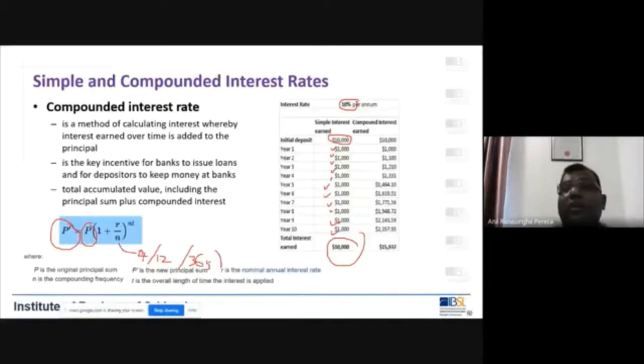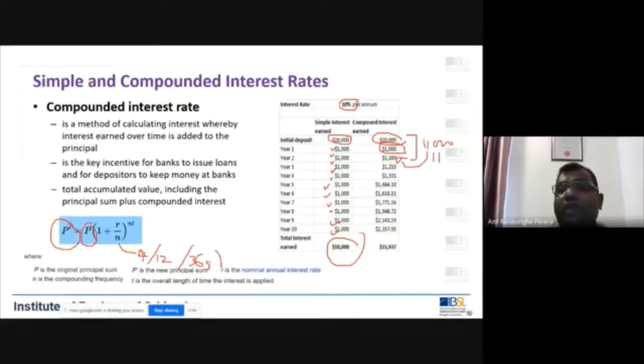Compounding means you are not taking back the interest and you are adding it to the principal. Right? So in the first year, what you have received as your interest is 1,000 because it is 10%. Next year, you get interest on this 1,000 as well as the 10,000. So interest will be calculated on 11,000. That's why you have 1,100 here. In the following year, you have to add that one as well to your capital.